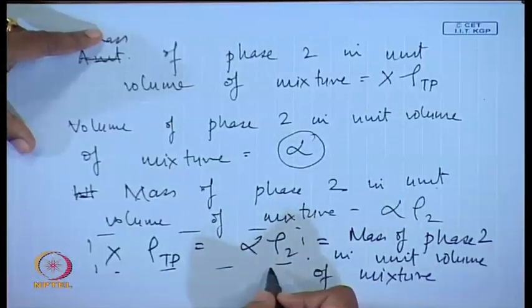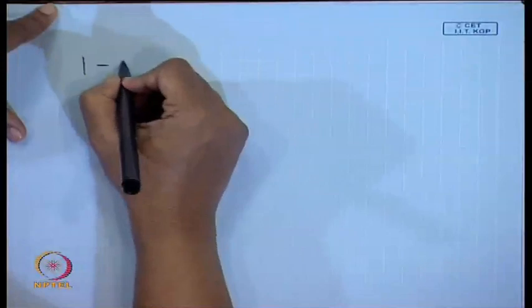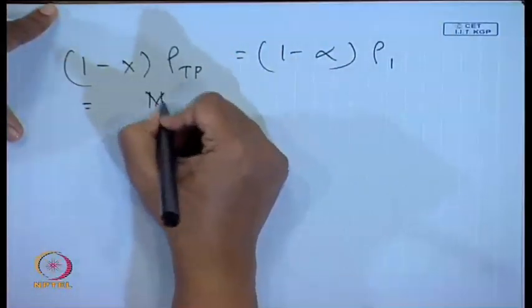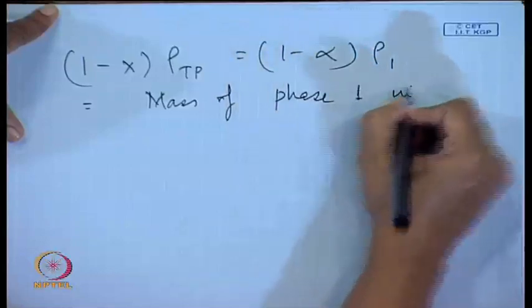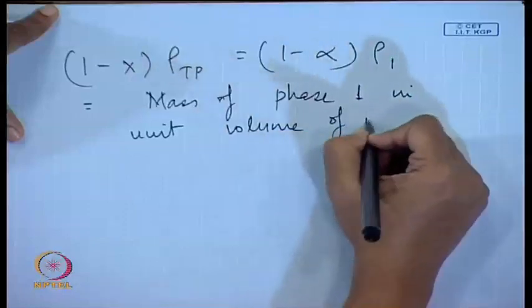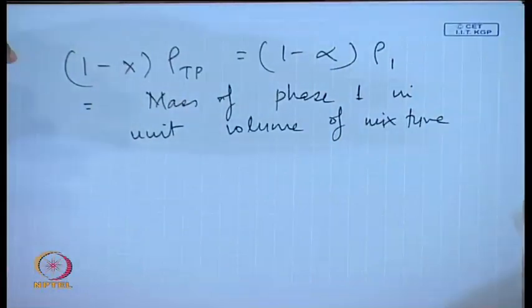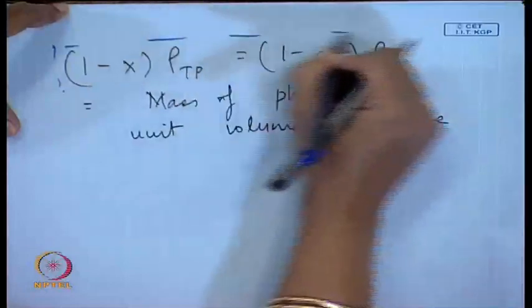So, I can deduce this particular relationship. Same way, I can also write down (1 minus x) rho Tp equals (1 minus alpha) rho 1, where this signifies the mass of phase 1 in unit volume of mixture. Can I do this? So, these are the two relationships that I have deduced, and they are very, very important.